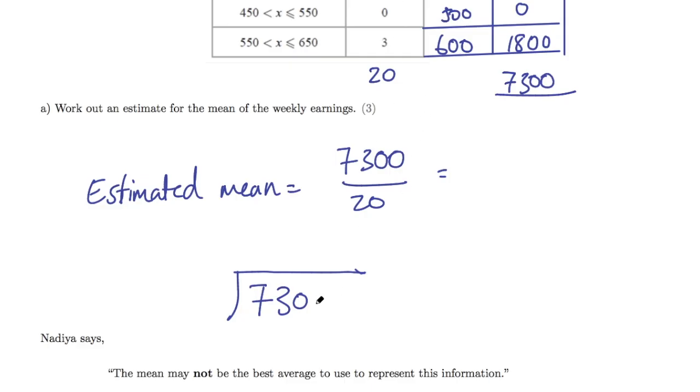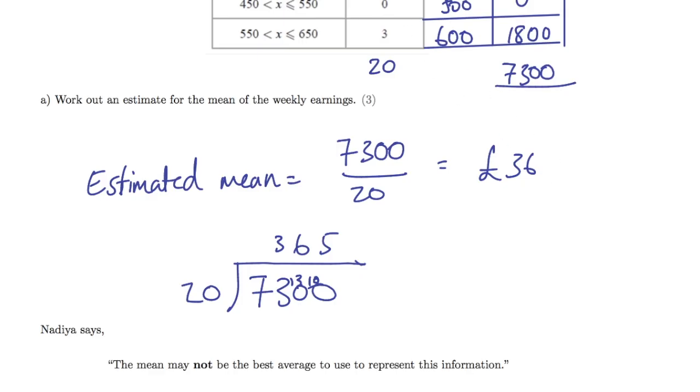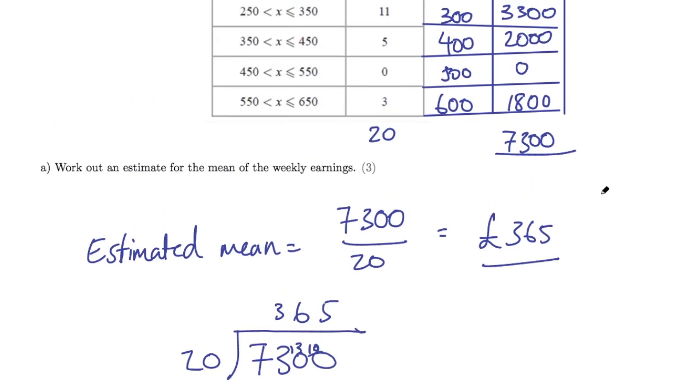If you do bus stop division, for example, you could say this is 3 and then 13, and then you get 365. Oops, sorry for that, I keep slipping. So once you work that out, you get an estimated mean of 365 pounds.